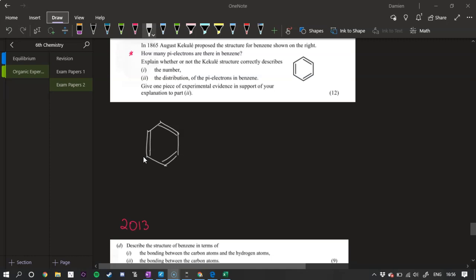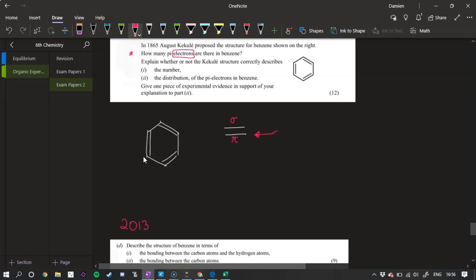It says how many pi electrons are there in benzene, and this is the key word here, electrons. It doesn't ask how many pi bonds, but how many pi electrons. What's the difference? Well, we know from looking at a double bond that one of the bonds is a sigma bond and the other one is, of course, a pi bond. This one here is a pi bond.